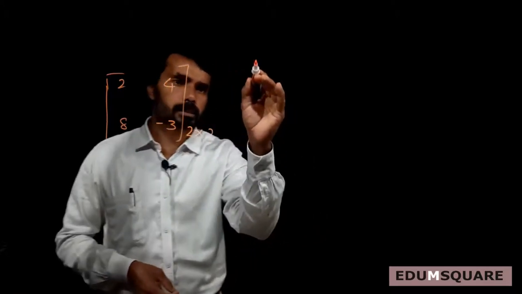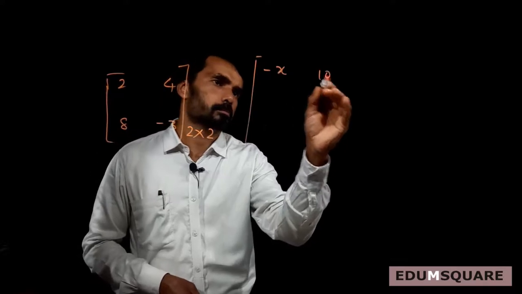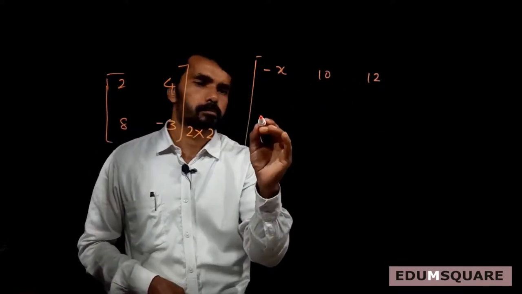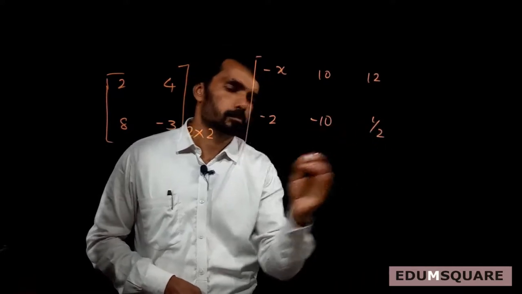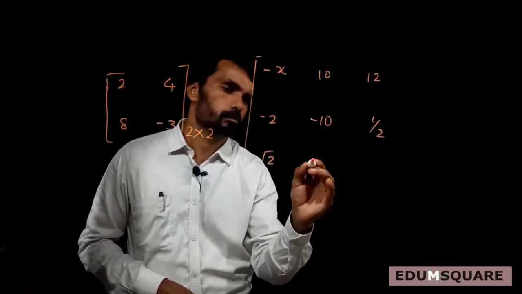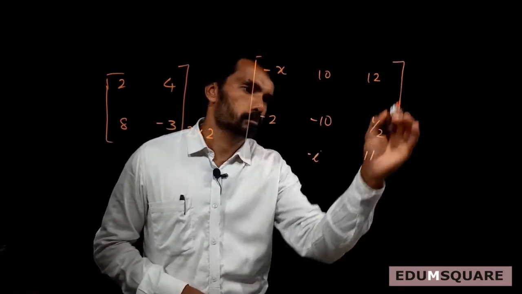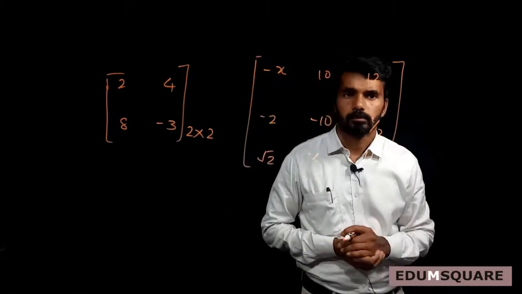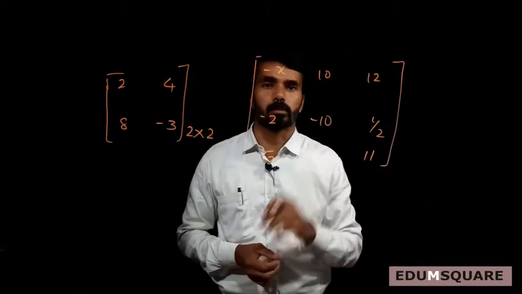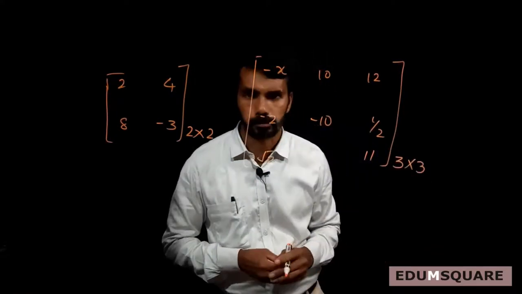Now let us see another example. What is the order of this matrix? 3 rows are there, 3 columns are there. So this is a 3 by 3 order matrix.